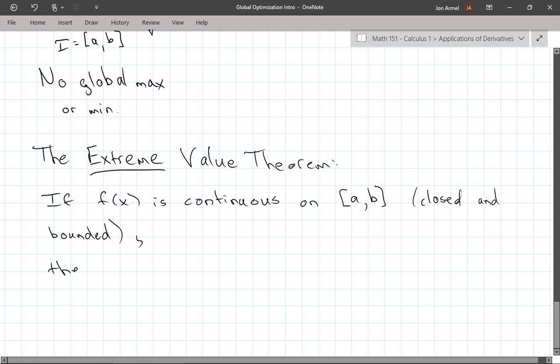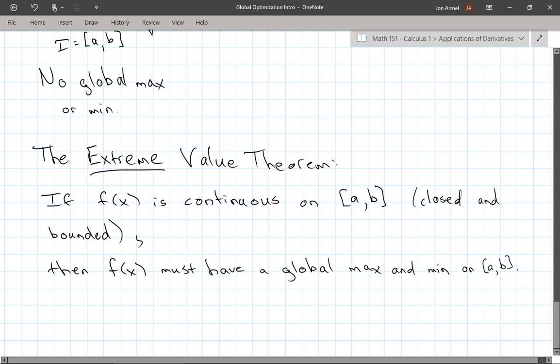Then f of x must have a global max and min on a to b. Must have a global max and min on the interval.